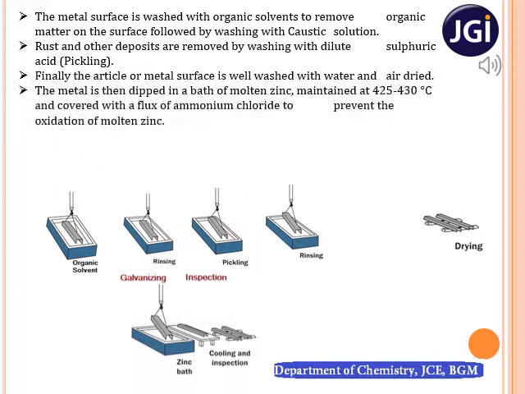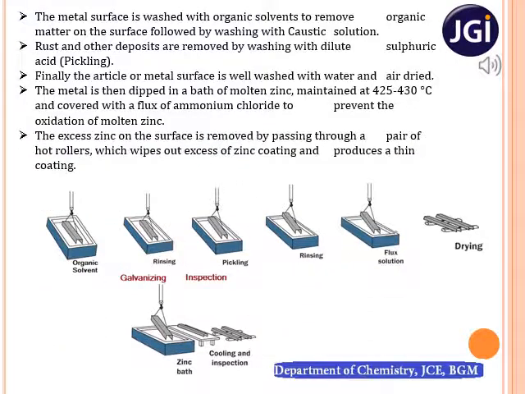The dried iron metal is dipped in a bath of molten zinc at 425 degrees Celsius to 430 degrees Celsius. To prevent the oxidation of zinc metal, the bath is covered with a flux of ammonium chloride.